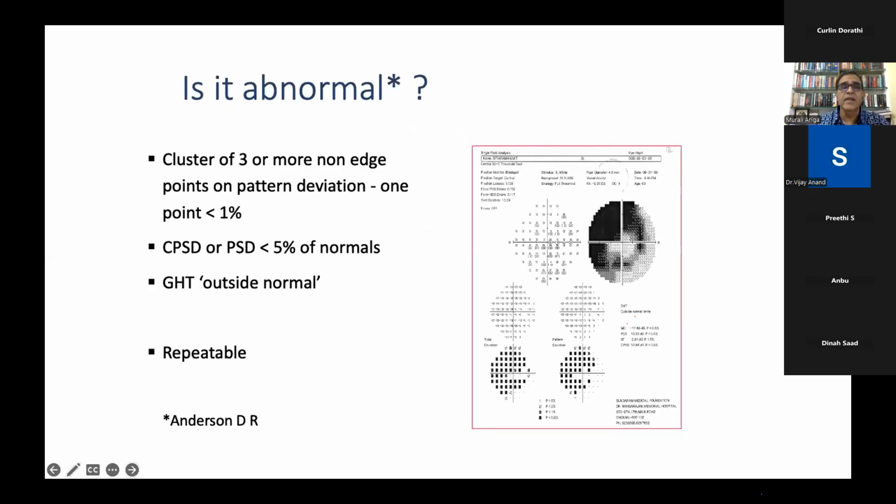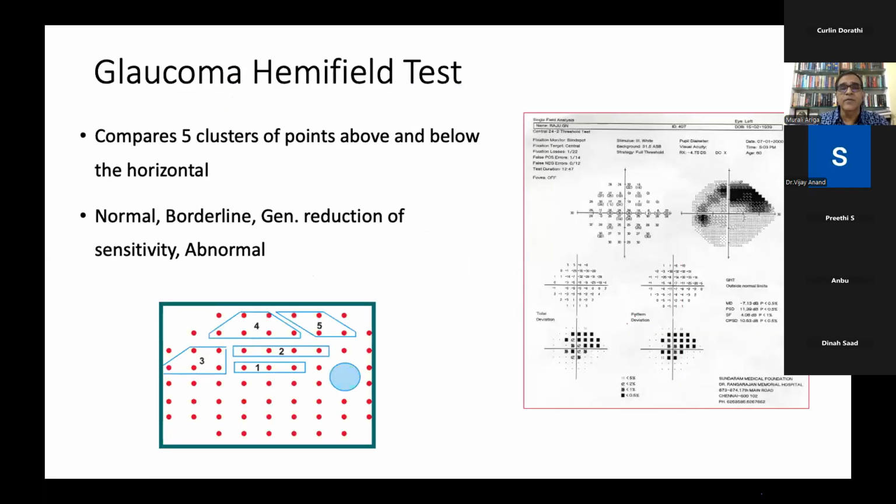If the field is abnormal, consider the glaucoma hemifield test, which compares 5 clusters of points above and below the horizontal. It can be labeled as normal, borderline, generalized reduction, or abnormal. These 5 clusters above and below the horizontal are very important for a glaucoma-specific diagnosis. If the GHT is abnormal, it is very likely that it is an abnormal field due to glaucoma.